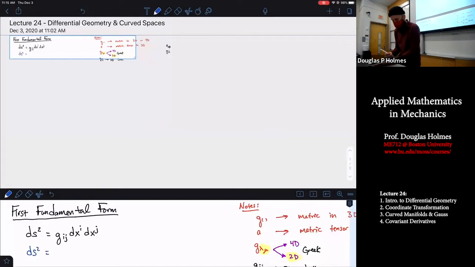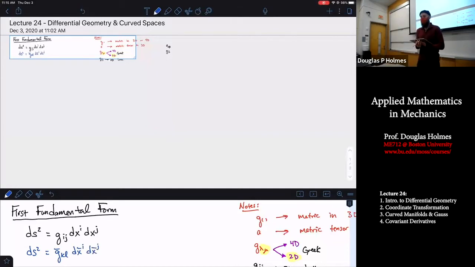You might say that the length of this object would be given by your metric, which has a bar over the top of it, and your corresponding infinitesimals, which are also written with a bar over them. Now, physically, as an engineer or a physicist, you know that the length of this object does not depend on which choice of coordinate system we use.